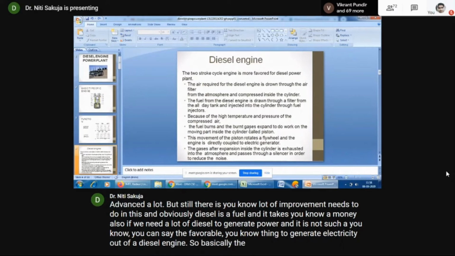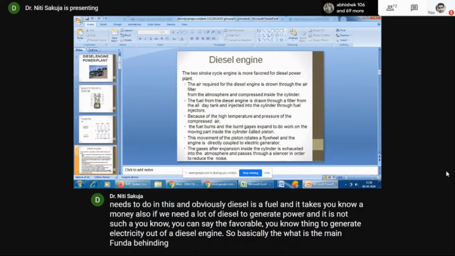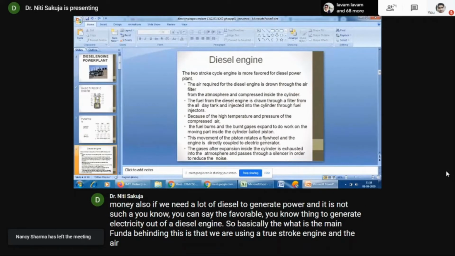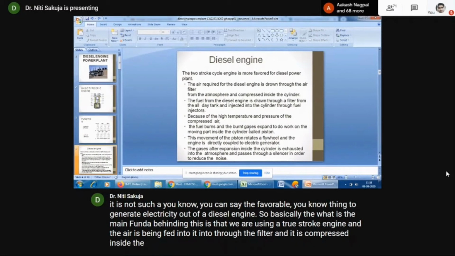The fuel is drawn through the filter from the tank connected to it and injected into the cylinder through the fuel injectors. Due to the high temperatures and pressures of the compressed air, the fuel burns, and the burnt gases expand inside the cylinder, and that is creating the noise.